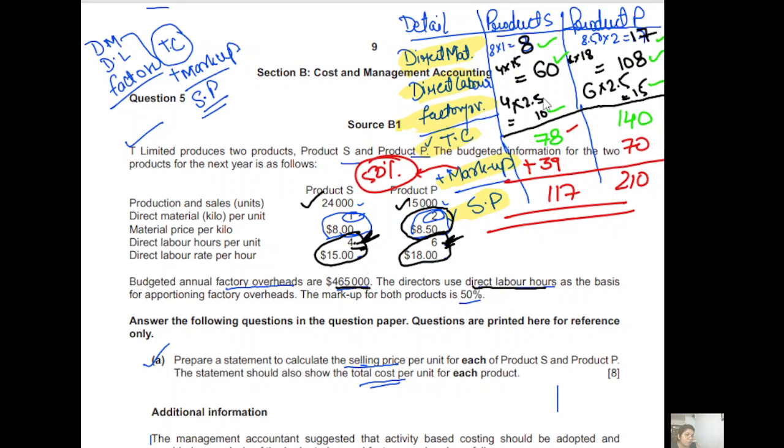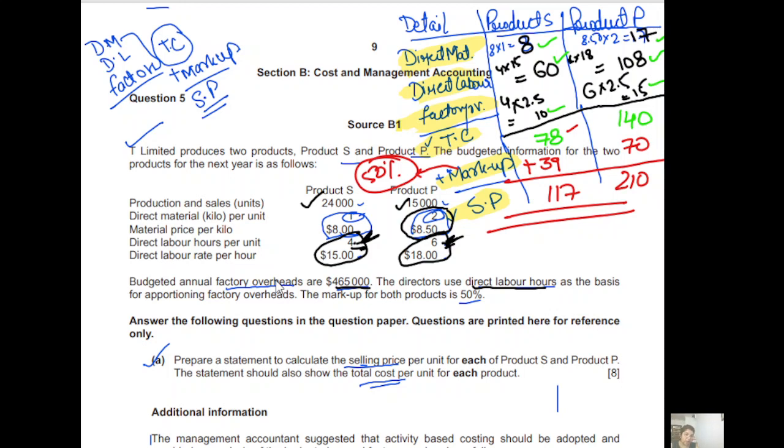If they had, we could put it here, but it is not given, so we have to find it on a per unit basis. In the question it is directly given that the director used direct labor hours as the basis for appropriating the factory overhead. They want direct labor hours.